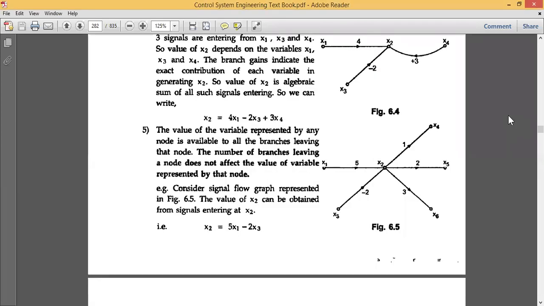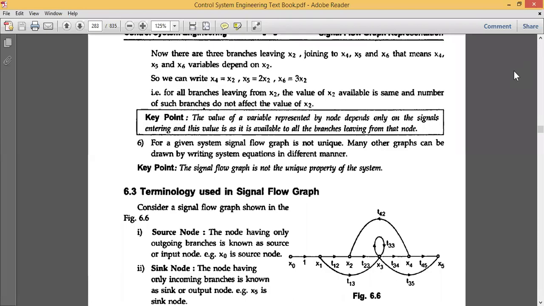Here you can write 4x1 plus 3x4 minus 2x3. Even if you interchange these variables from left to right or at the center, the answer remains the same. So in signal flow graph, even if you change the order of the system equations, the result does not change.